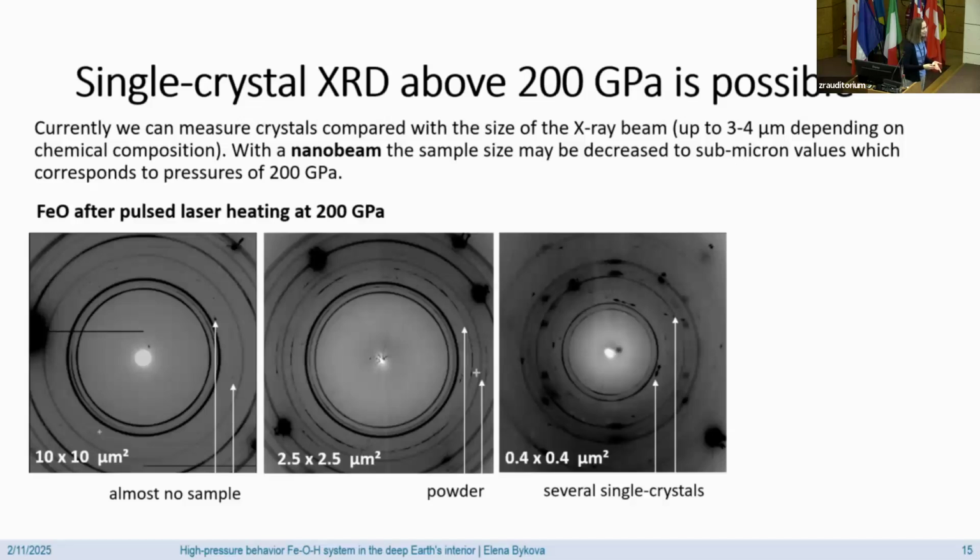Basically, it's not our sample. That's something around our sample. This huge peak here is also not our sample. That's a diamond. That's the diffraction of the diamond anvil. What is from our sample is that subtle small reflection and maybe something like this. From this, you almost don't see any diffraction.